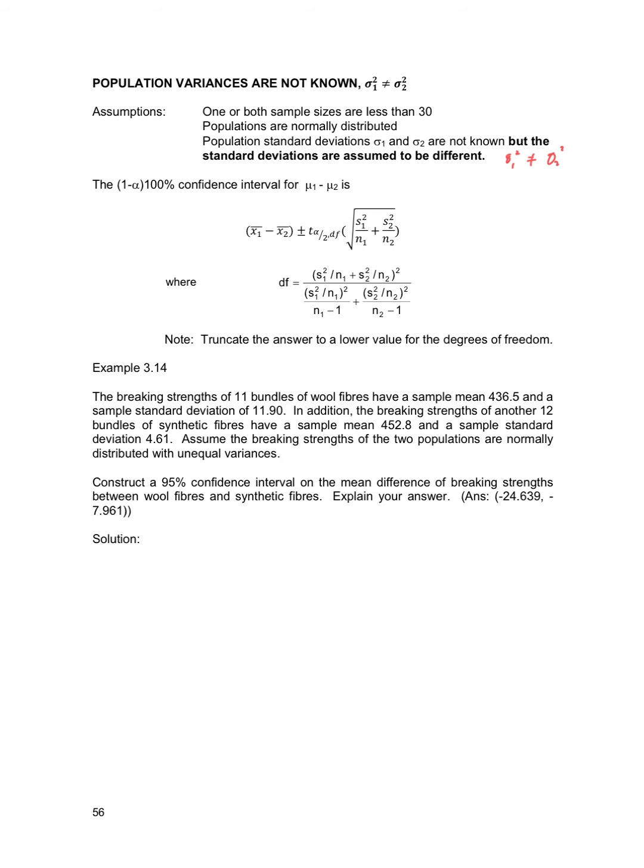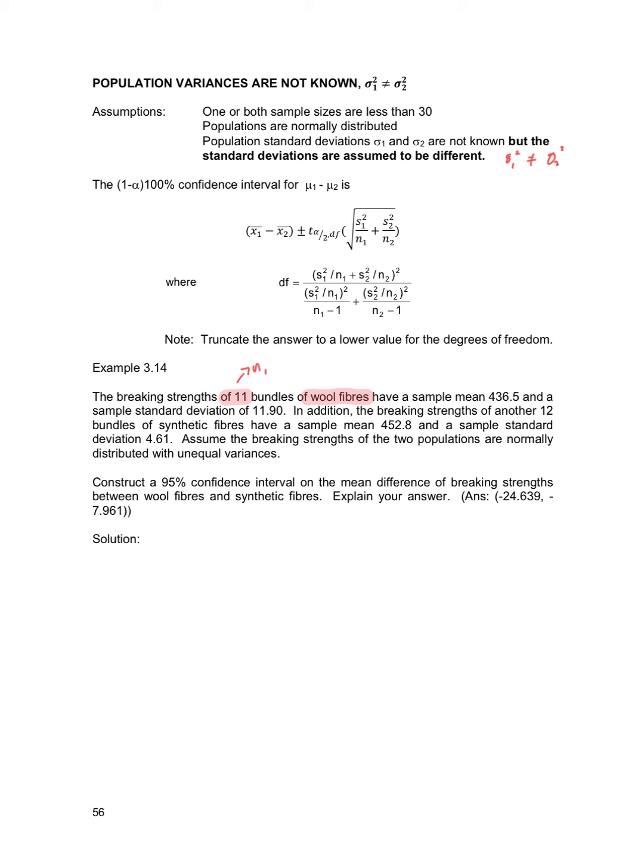Let's figure out what information is given to you. First we have information on the wool fiber. We have n equals 11, this is n1.